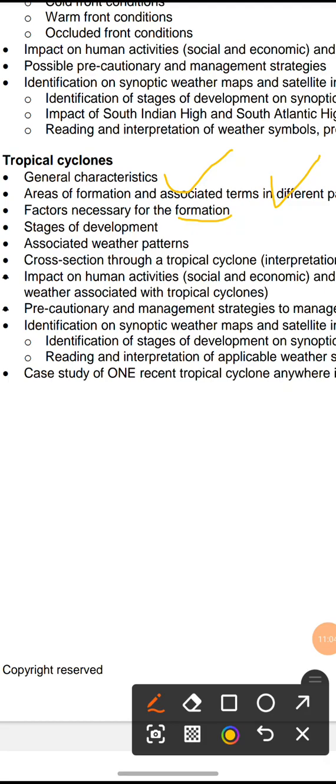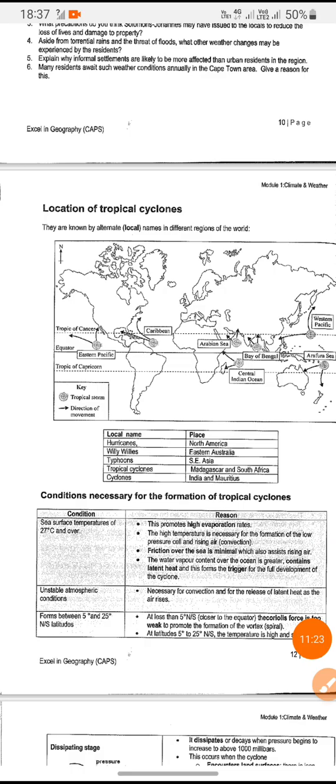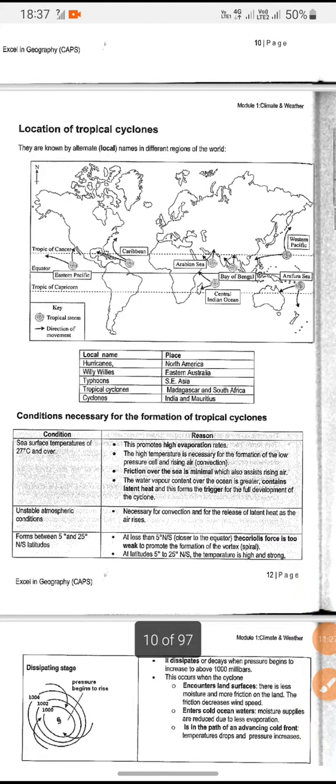You don't need to go around doing the whole textbook. Just take your examination guideline with you and start answering these bullets. These are your conditions necessary for the formation of a tropical cyclone.